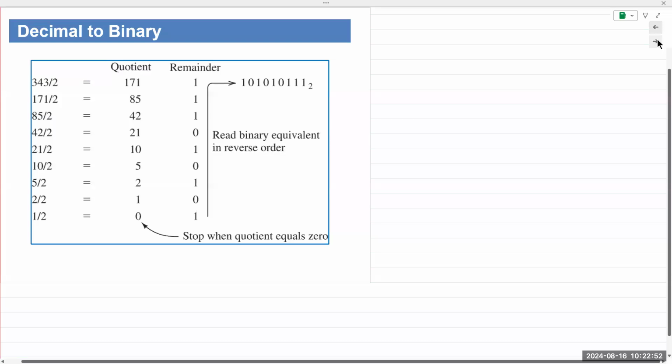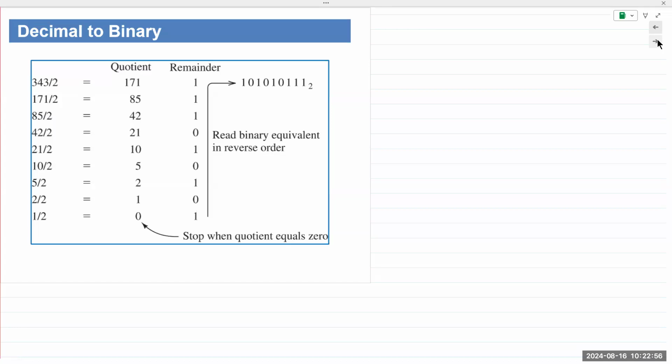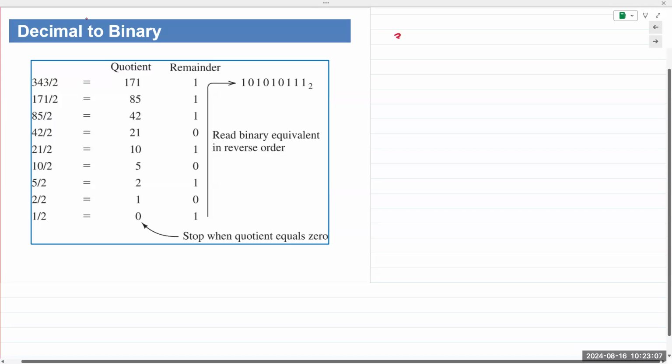Let's go the other way. If you have a decimal number and we wish to convert it to binary, well, base 2, so we divide by 2. So here is an example of 343. The question is, what is the binary number representation of this decimal 343?